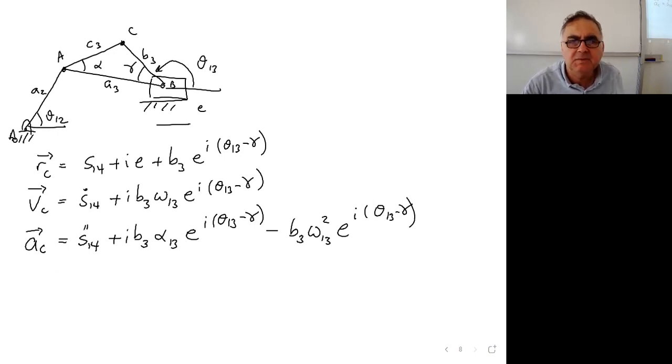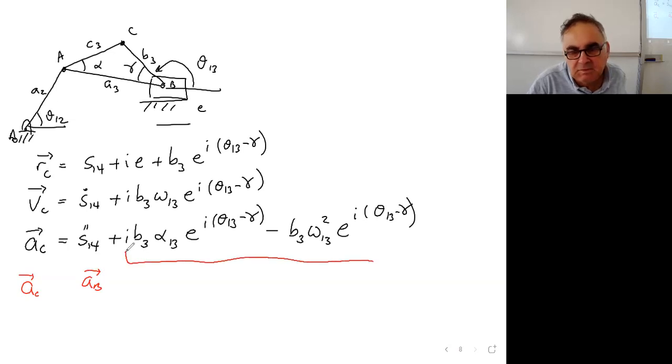As a matter of fact, there is an interpretation. This is AC again. This is AB. And this whole thing is AC relative to B, as we can see. So physically, we can interpret that.